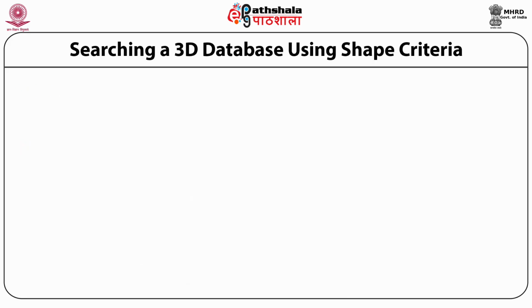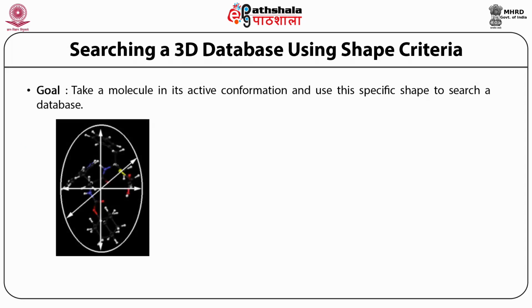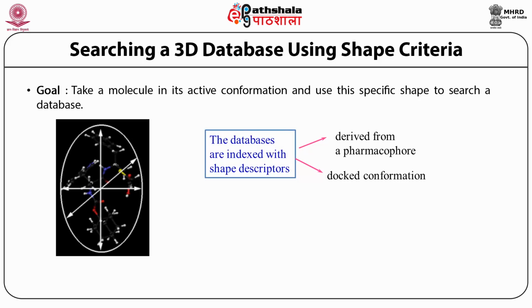When we search the database, we must take care of the shape criteria. So our objective is to take the molecule in its active conformer and use its specific shape to search the database. However, databases can be indexed by pharmacophore-derived structures as well as docked conformations.